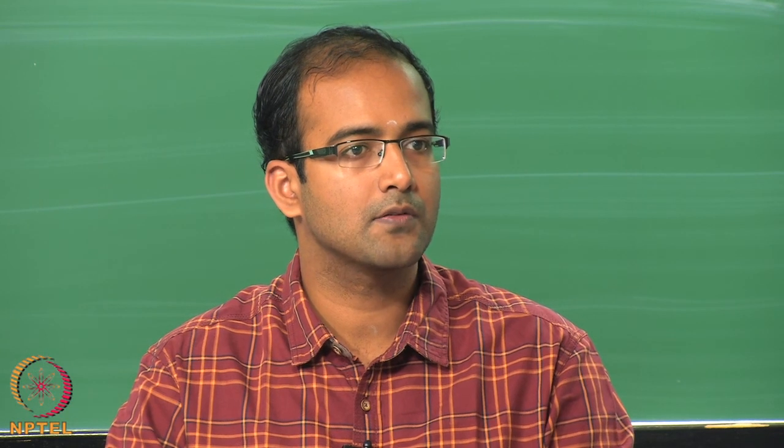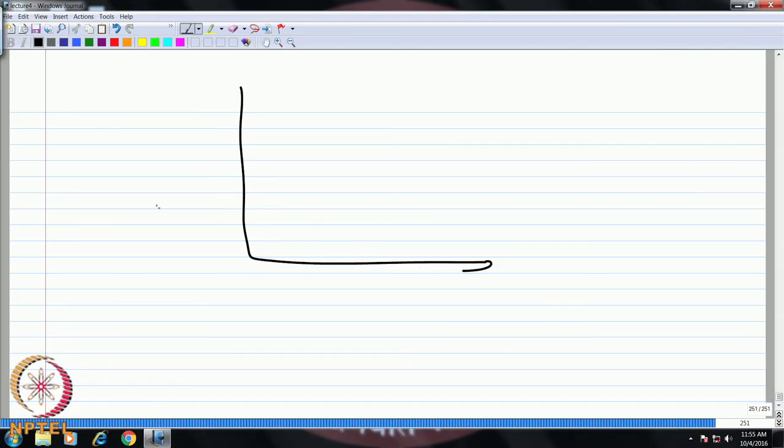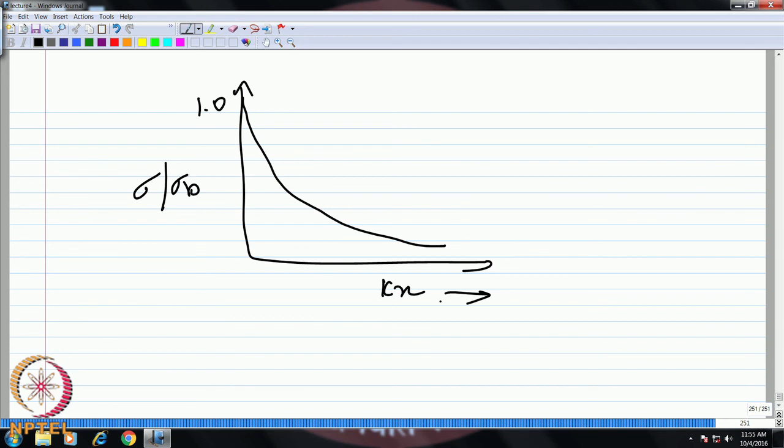For larger values of Knudsen number, your electrical conductivity is smaller than your bulk value. That means if you make a plot of this ratio sigma by sigma b as a function of Knudsen number, it starts from 1 and then goes like this. So, this is called the size effect.